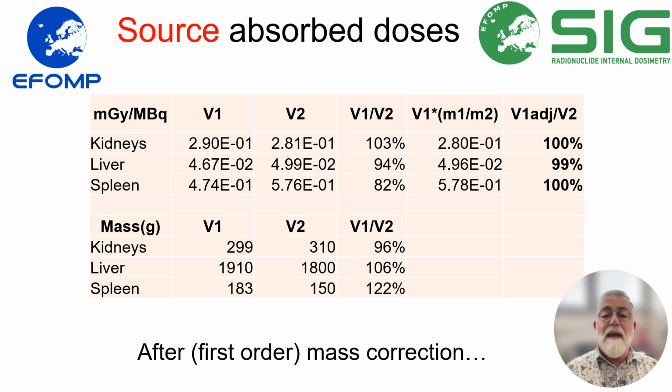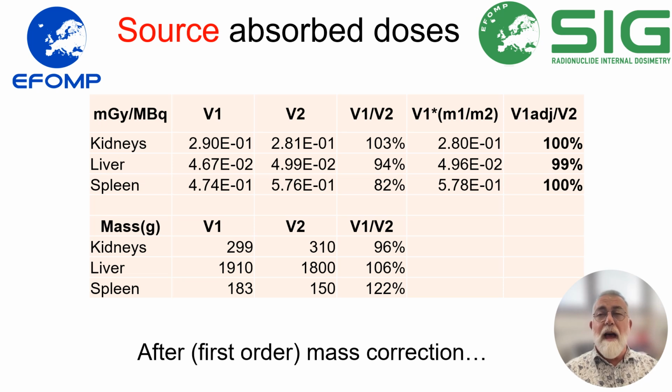If you take the absorbed dose obtained in Olinda version 1 and then do a mass ratio of the organs between Olinda version 1 and Olinda version 2, you now have an adjusted result that is the same within 1% between Olinda version 1 and Olinda version 2, right?